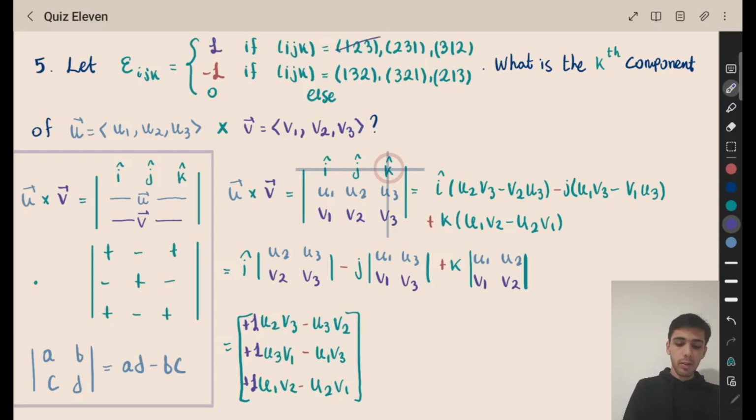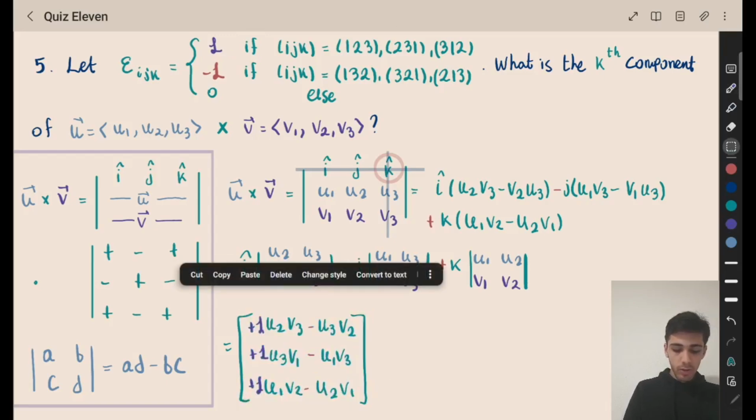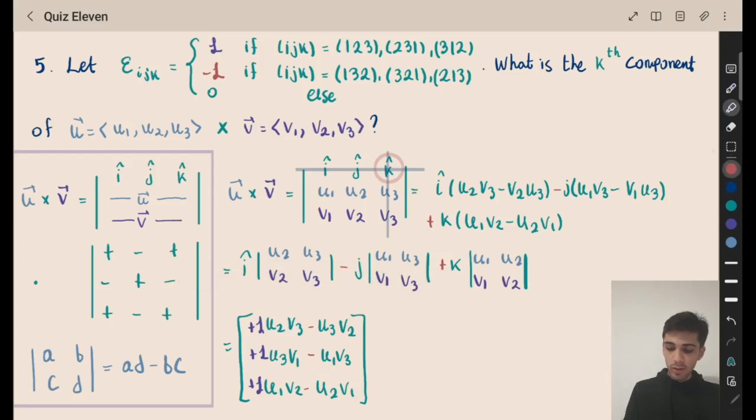Perhaps we could link these numbers to these constants somehow. I'm not too sure. First off, let's circle back to what we were looking to find in the first place. We're looking to find an expression, a way to express the kth component of this cross product.